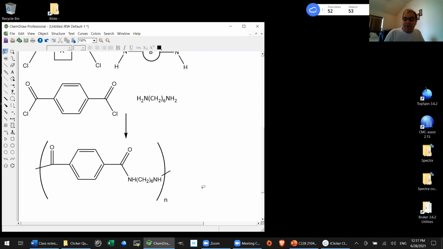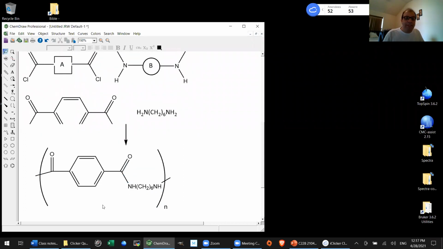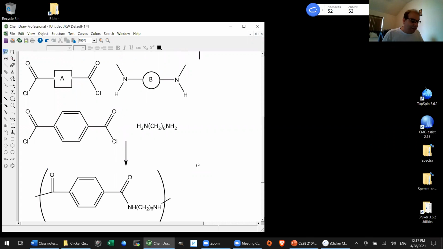The n means it repeats an arbitrarily large number of times. But as long as that's the case, you're good to go. And like I said, we'll do at least one example in a moment where I'll show you multiple correct ways to draw any one of these structures. But that's how polyamides or nylons are made.